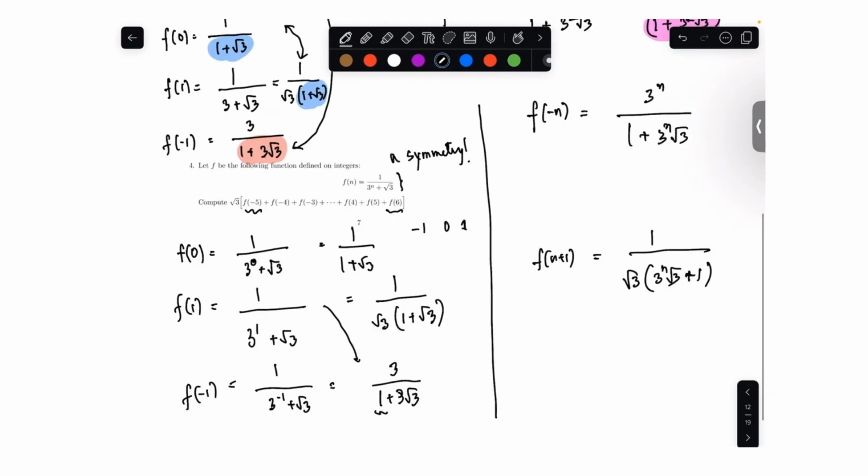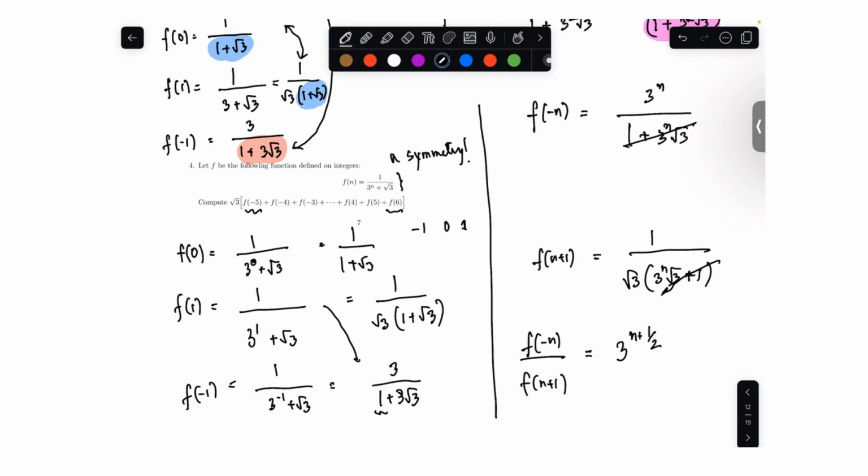So therefore, you can see that you can find a relationship, f of n plus 1 divided by f of minus n is, or you can do the other way around, f of minus n by f of n plus 1 is, this gets cancelled, so 3 to the power n plus half, right?